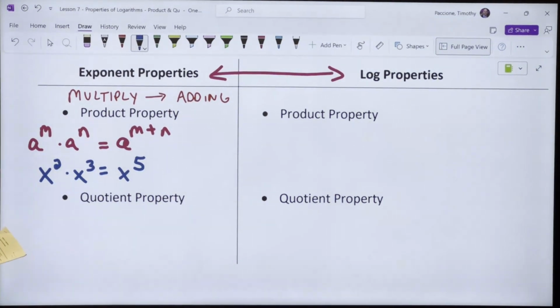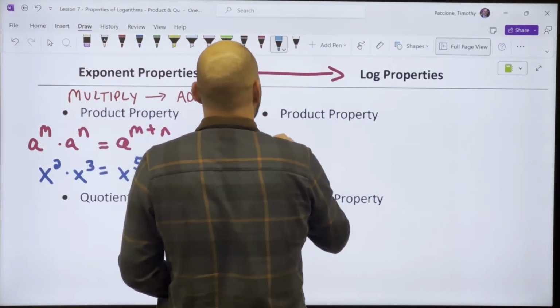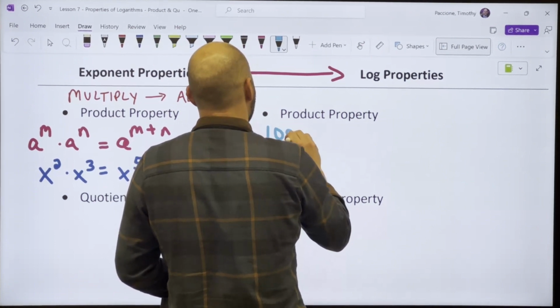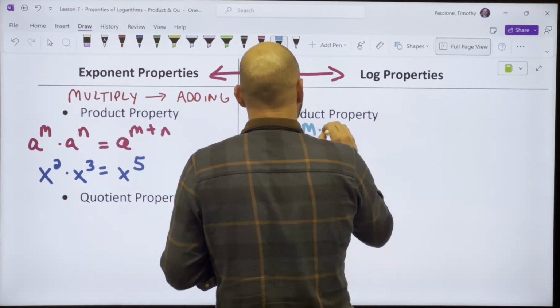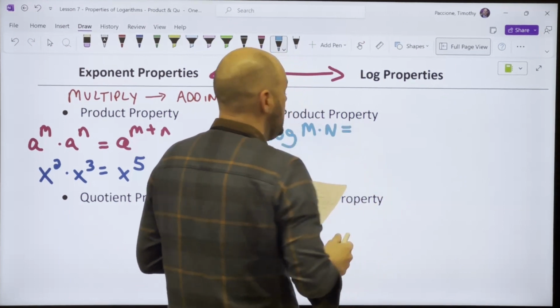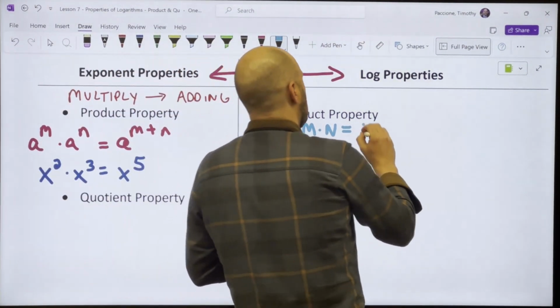Well, the same is going to be true for the log property of product, right? You're going to have log, and let's say you have log m times n. Well, that is one log, right? You can break that apart into two logs that are adding.